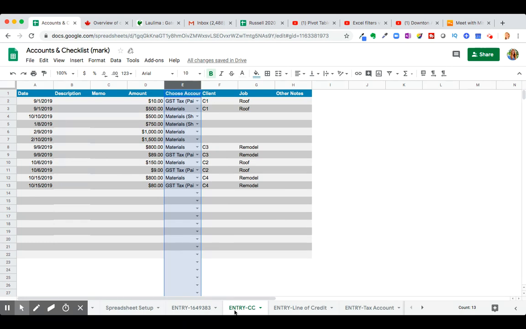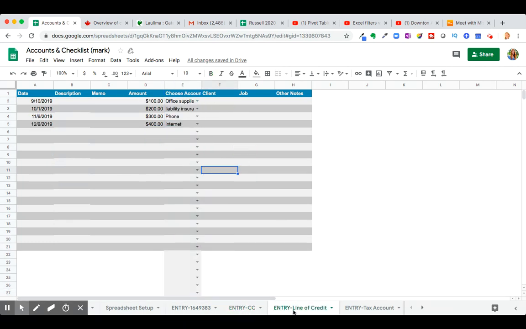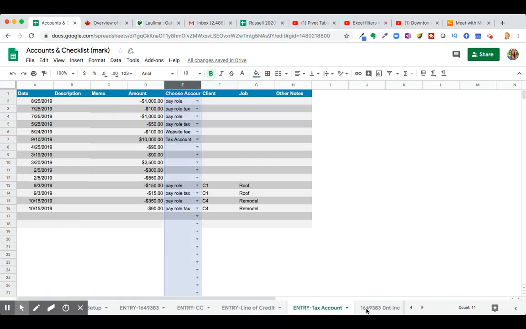If you used your credit card, you come to entry main credit card. If you used your line of credit, you come to entry line of credit, and same with the tax account. All you do, they're all the same. You just start typing in, 9-1 tab, and it'll update automatically into the format.